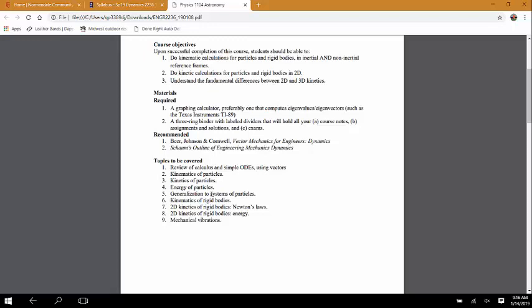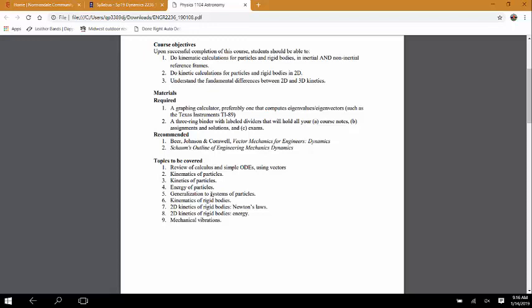And then by the end, you're just racing to go. So most people's experience is you don't spend as much time on moments and rigid body analysis as your instructor meant for you to. But we'll spend a ton of time on that, more than half the class.